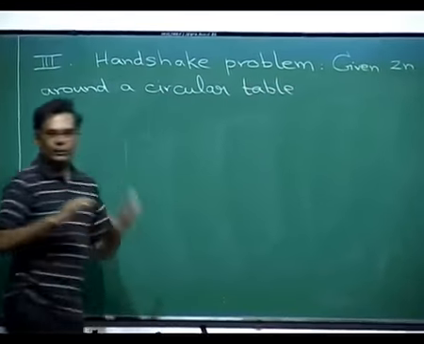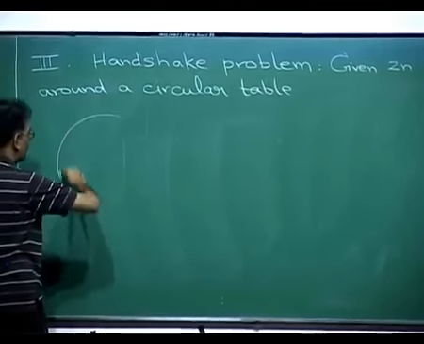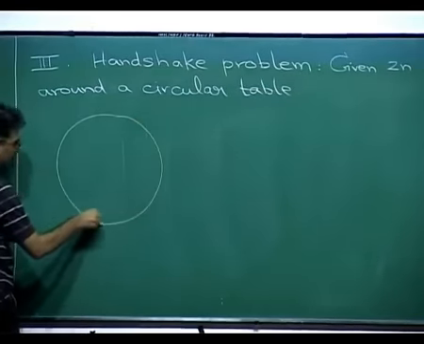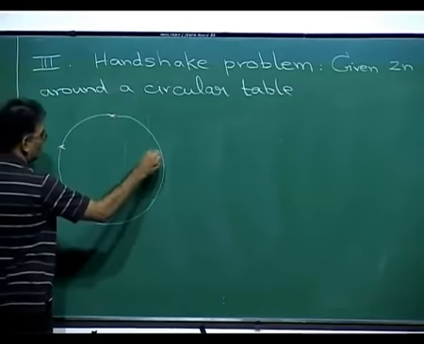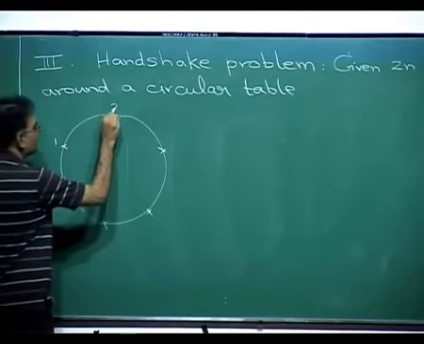So again, I'll take n equal to 3 and work it out, and then we'll see what happens. So here's my circular table. And here are my 2n people.